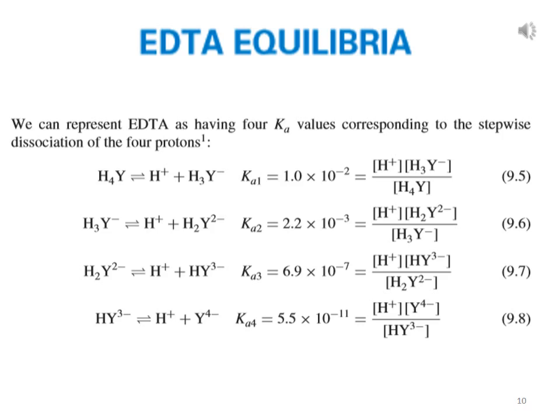However, this occurs at very low pH, and EDTA is almost never used under such conditions. So it is the unprotonated ligand Y4 negative that forms complexes with metal ions. That is, the protons are displaced by metal ions upon complexation.